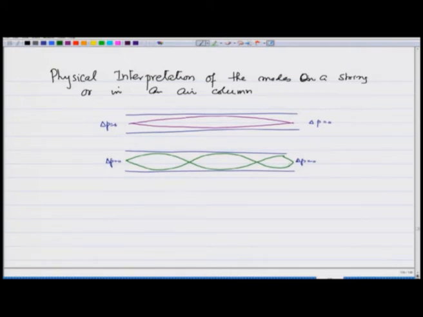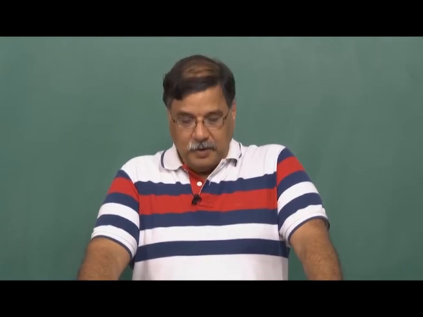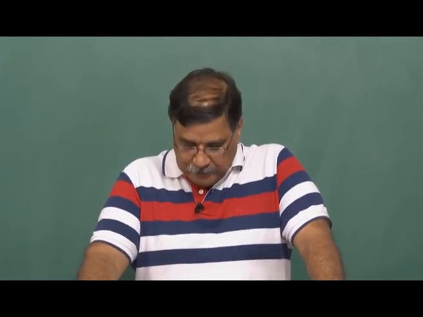So, what you have is either lambda by 2 exists or lambda could exist, this is actually 3 lambda by 2 and so on. So, the wavelengths that can exist are such that n lambda by 2 is equal to L, or lambda equals 2L over n, exactly the same answer as before. And you can do similar physical interpretation for the pipe closed at one end.